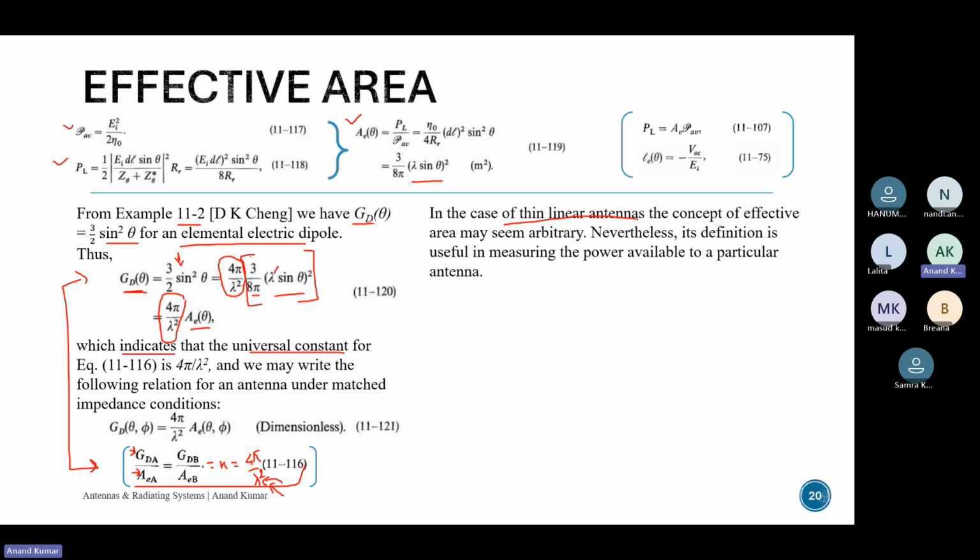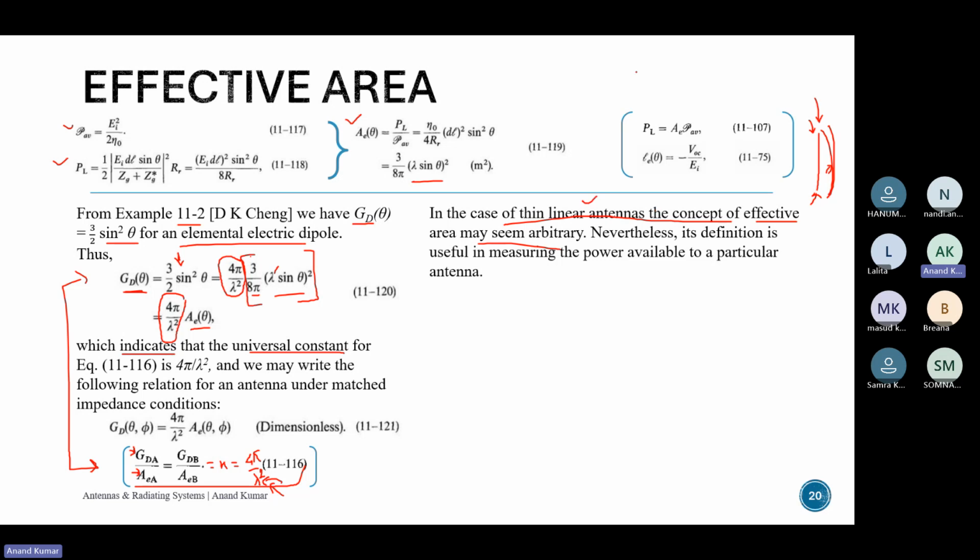In case of thin linear antennas, the concept of effective area may seem arbitrary, because the antenna length is actually the effective area, so in linear antennas it does not make a lot of sense.